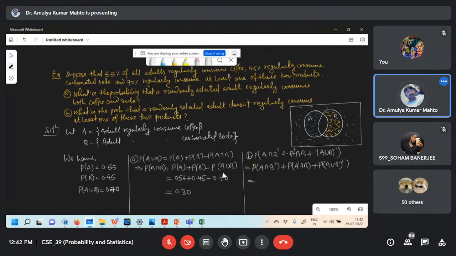You can see this formula. Suppose A intersection B dash. If I want this blue shaded region, this is total A minus this intersection part.